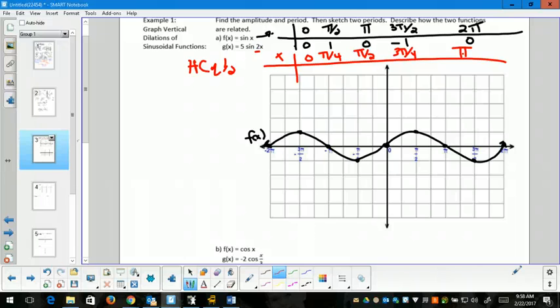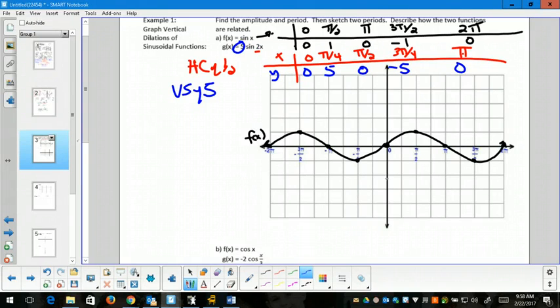So that's what happened to my x coordinate, but my y coordinate also changed because the 5 is a vertical stretch of 5. So my new y coordinates, 0 times 5, okay, that's easy. This will be 5, 0, negative 5, 0. Since we didn't shift the graph up or down, I don't have to worry about adding or subtracting anything yet. We're just looking at vertical and horizontal stretches and compressions.